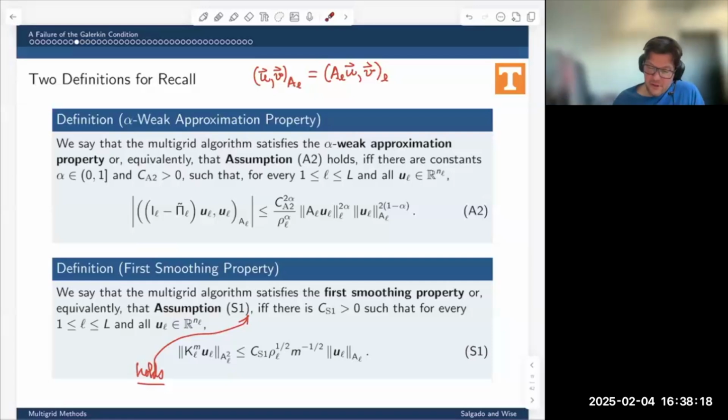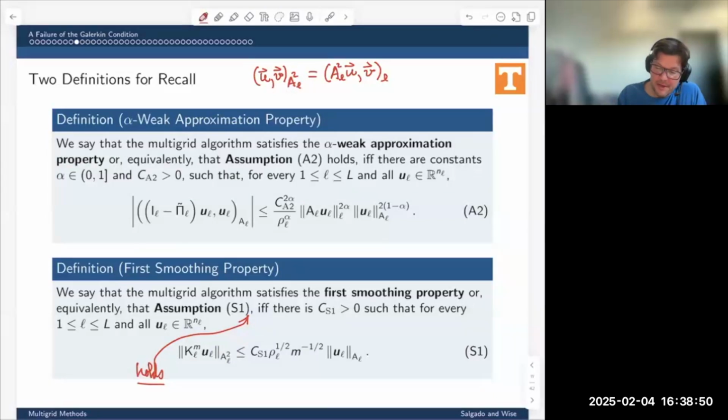If and only if there is a constant CS1 such that for every L between 1 and L and any UL in RNL, KLM UL in the AL squared norm. What's the AL squared norm? Well, it's defined as the same thing as above, but instead of using AL, you're going to use AL squared. So that's like a Sobolev 2 norm or a weighted 2 norm, if you know what I mean.